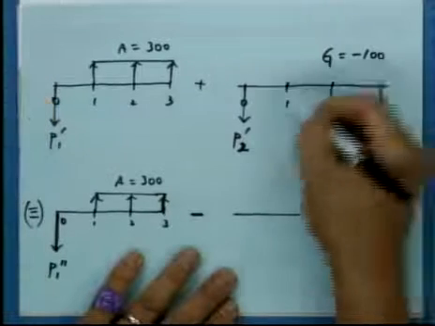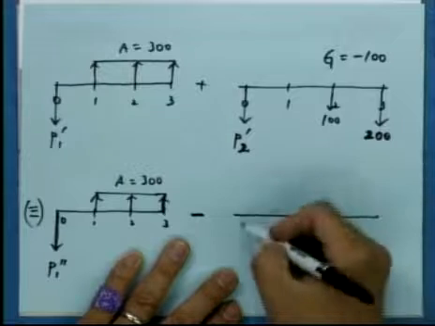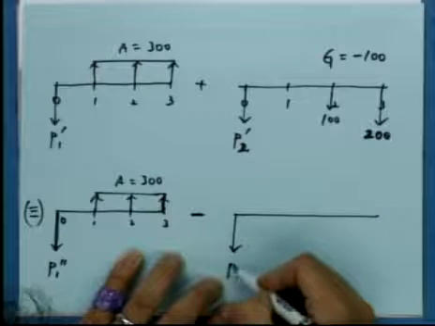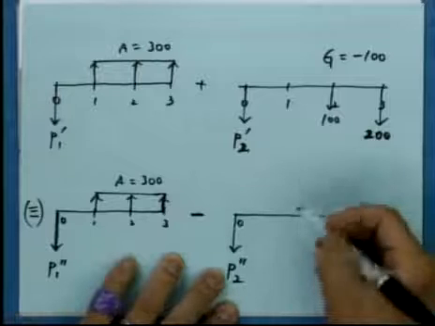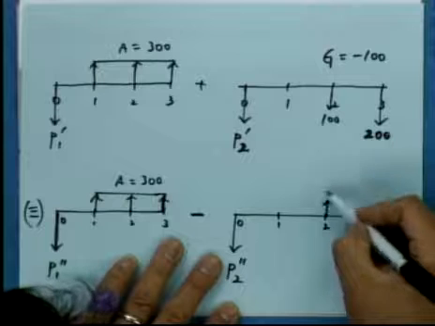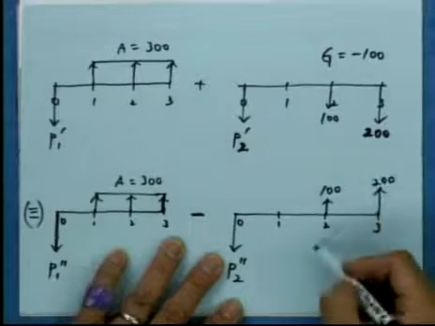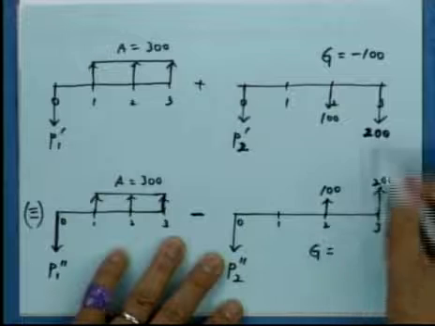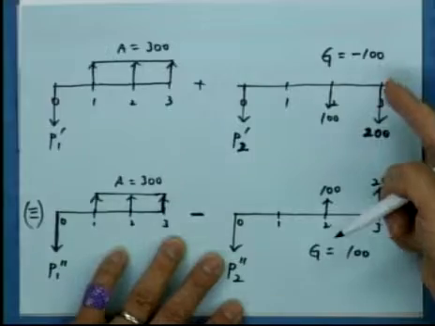So instead of negative cash flow, we're going to have positive cash flow down here. So let's set this as the P2 double prime at the end of period 0, 1, 2, 3. So we have positive 100, positive 200. In that case, G is 100 instead of negative 100. Okay.